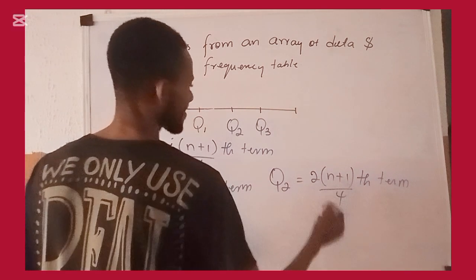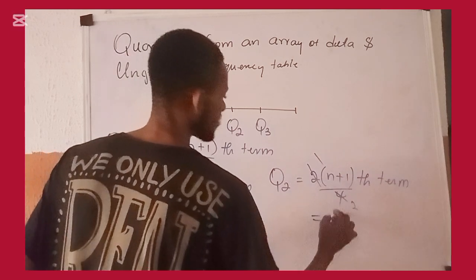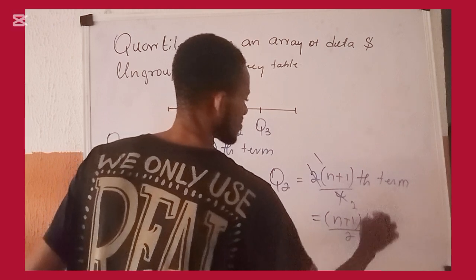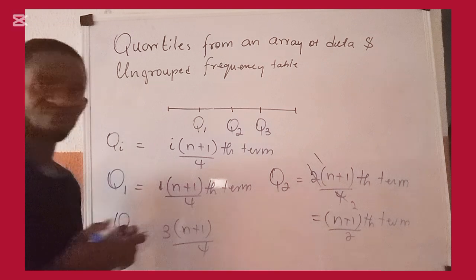Here, of course, we can write Q2 in this way: this is 1 and this is 2, and that formula reduces to n plus 1 all over 2, which is the same thing as the formula for the median.